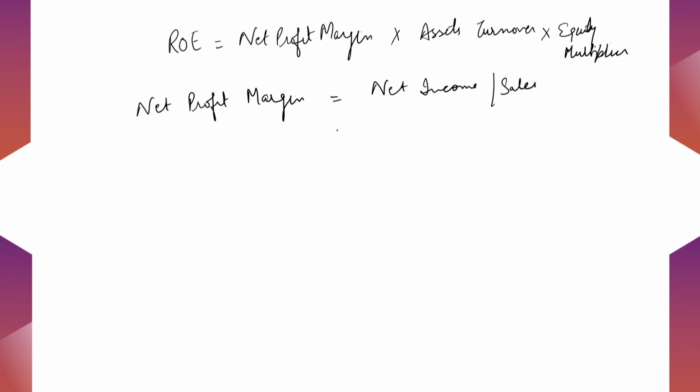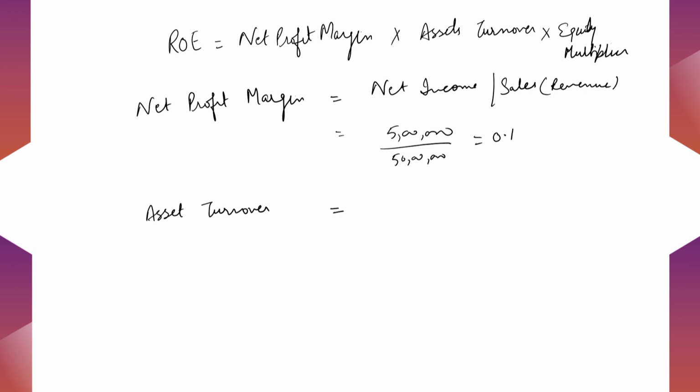So we go with net income 5 lakh divided by the total sales, 50 lakhs. We get a figure of 0.1.